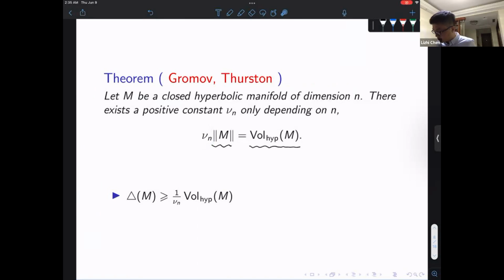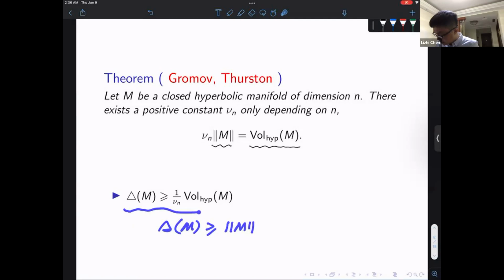For simplicial volume, because it is defined in real coefficient homology, it's natural that the triangulation complexity is greater than or equal to the simplicial volume.